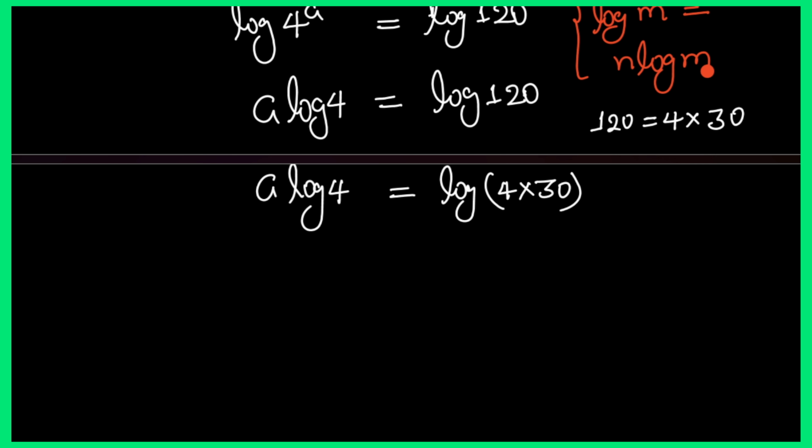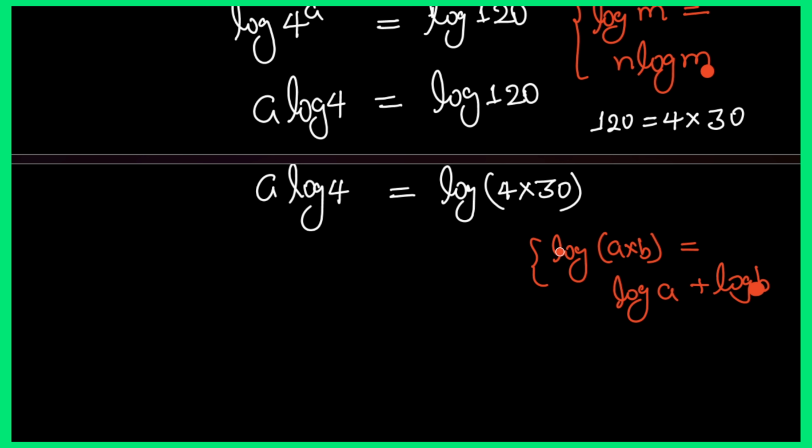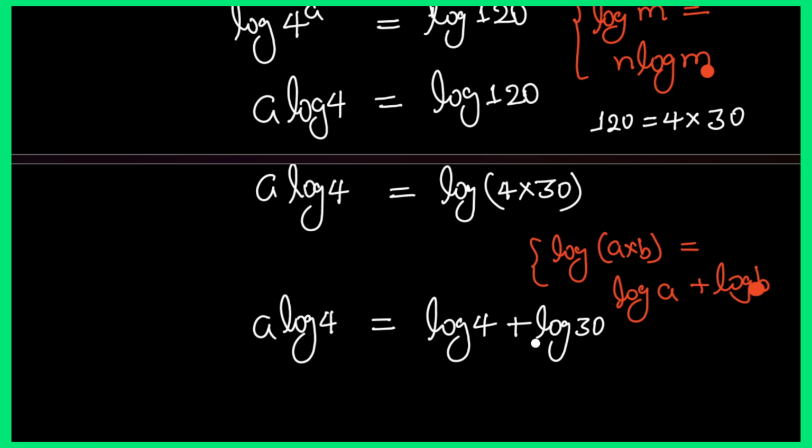Now log (a × b) equals log a plus log b. So using this, our equation becomes a log 4 equals log 4 plus log 30.